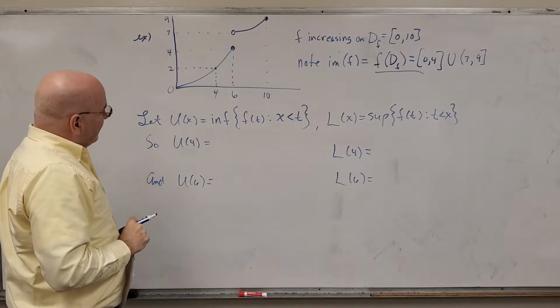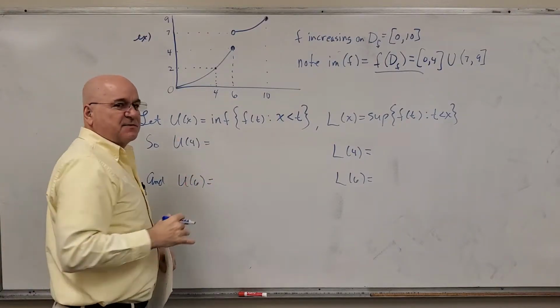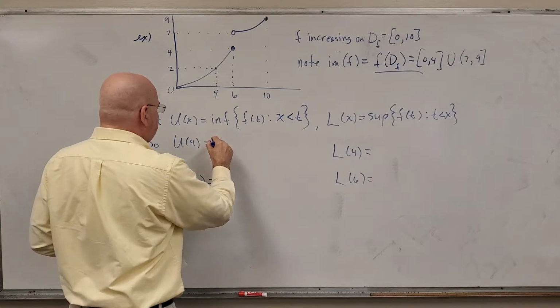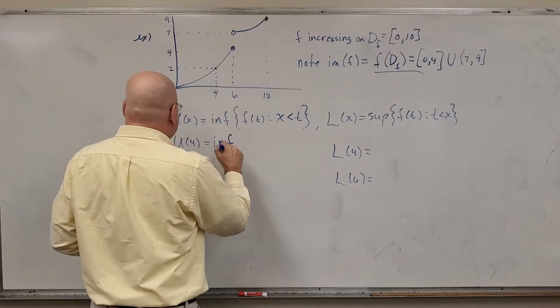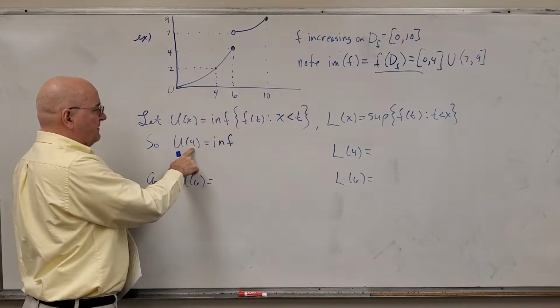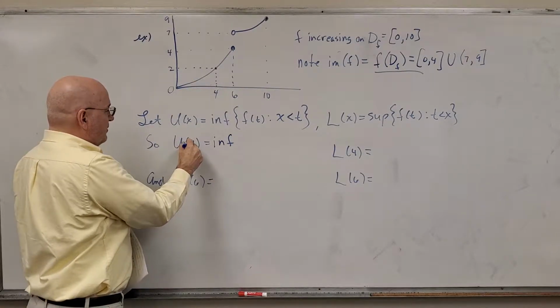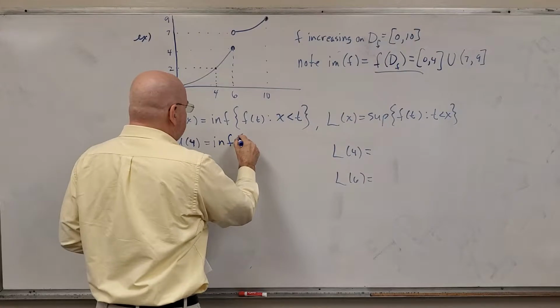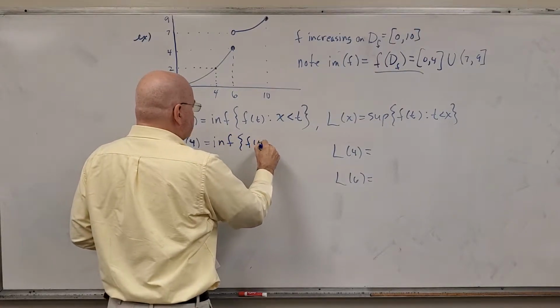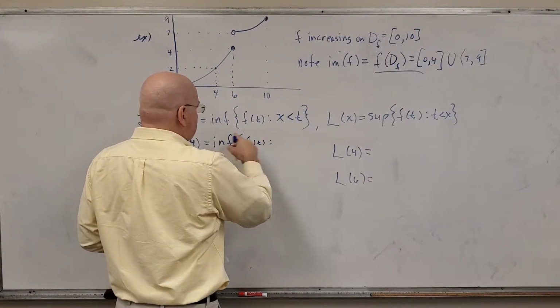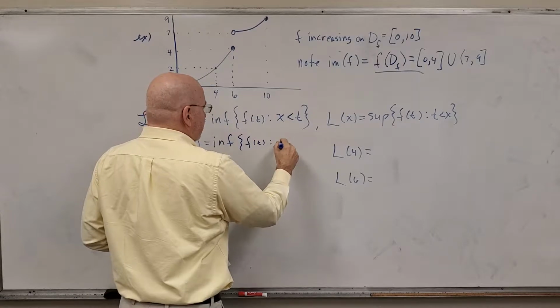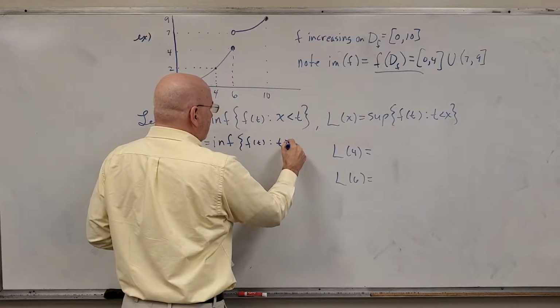All right, so let's see. Before we just guess what these numbers are, let's maybe write it down. That would be the infimum of, so my x is the number 4 in this case, and we're using this function. So U of 4 is going to be, the t is just a dummy variable. So x is 4. I think I'm going to write it like t greater than 4.